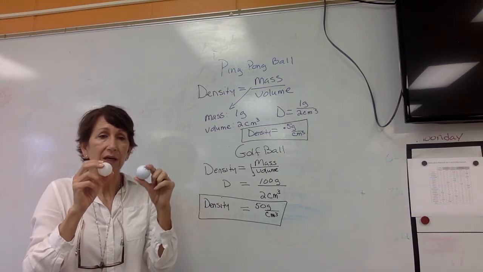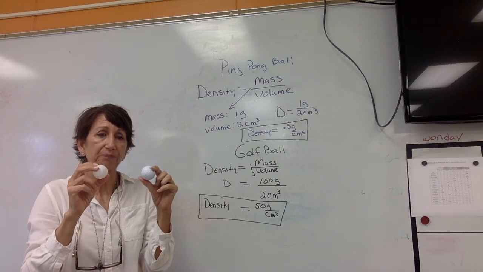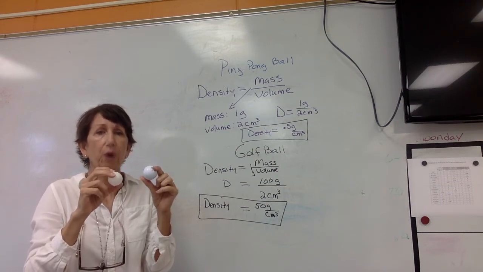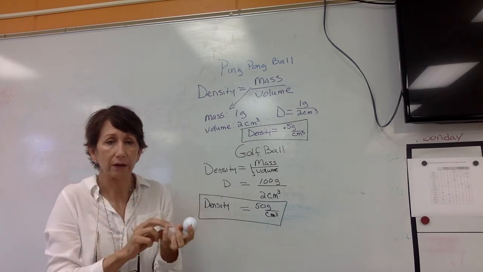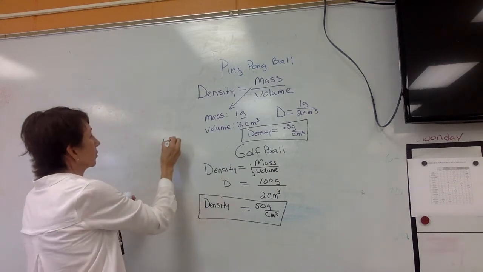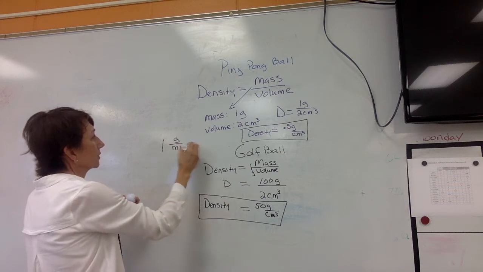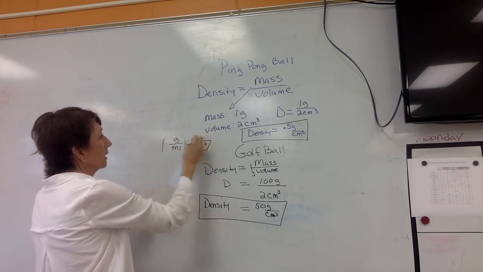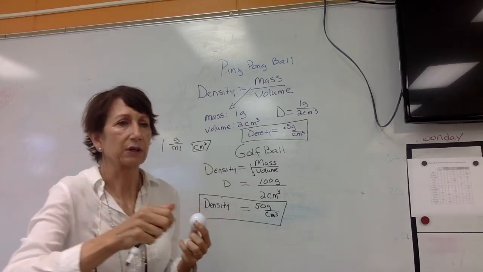Okay, so the density. If you recall from the other video, and if not, then I'll refresh your memory, if you wish to watch the little cartoon video, the density of water. Does anybody remember the density of water? That's right, it's 1. Okay, so the density of water is 1 gram per milliliter. All right, and it turns out that a milliliter is exactly the same thing as a cubic centimeter.